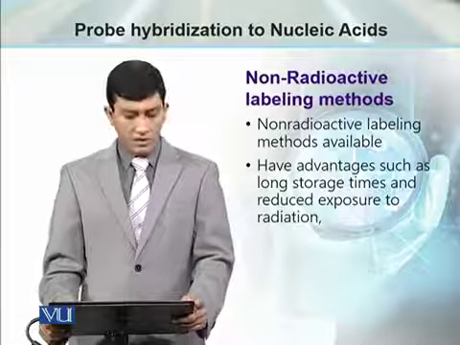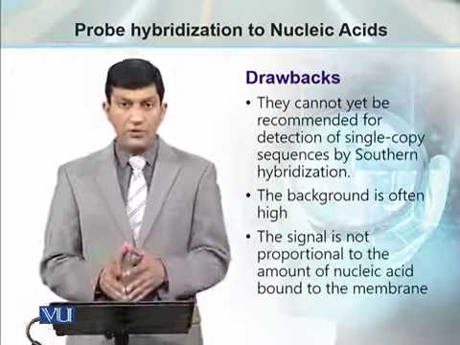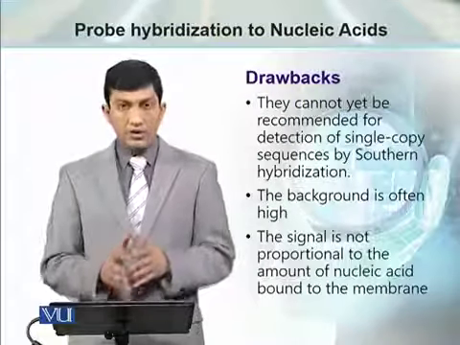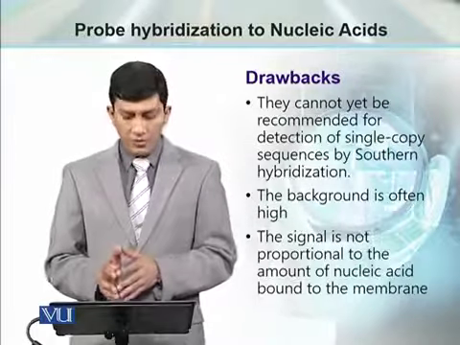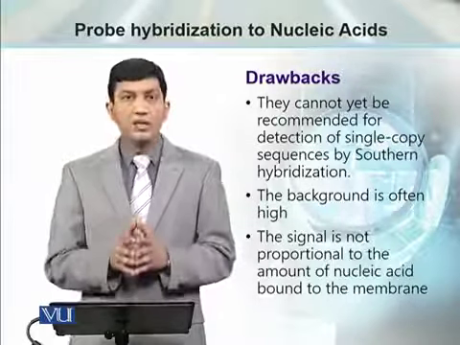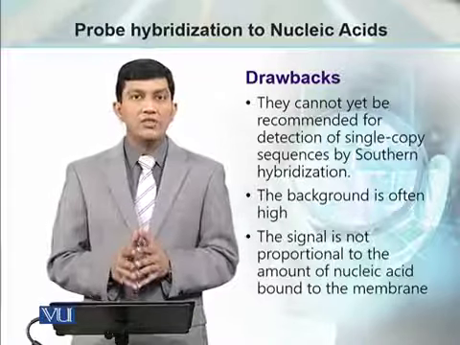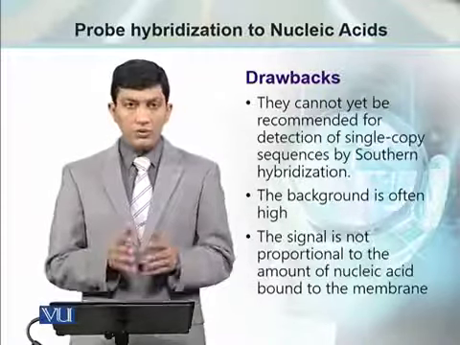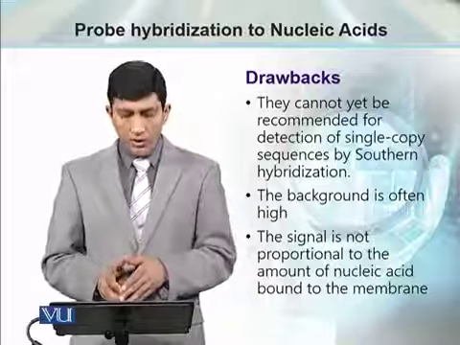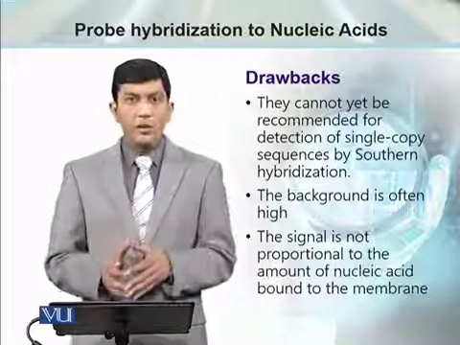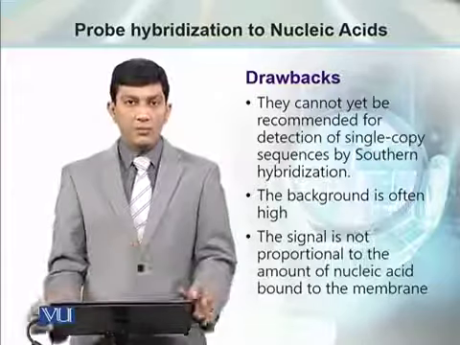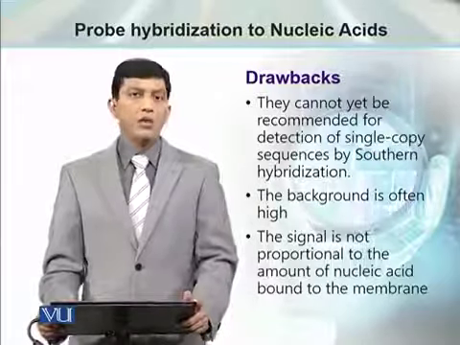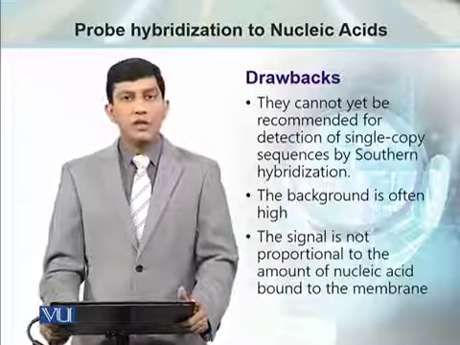But at the same time they have some drawbacks, and these drawbacks discourage us from using this non-radiolabeled method. For example, this method is not going to detect a single copy sequence through Southern blotting. Backgrounds are quite often very high, and the signal is not exactly proportional to the amount of DNA which is immobilized on the membrane.